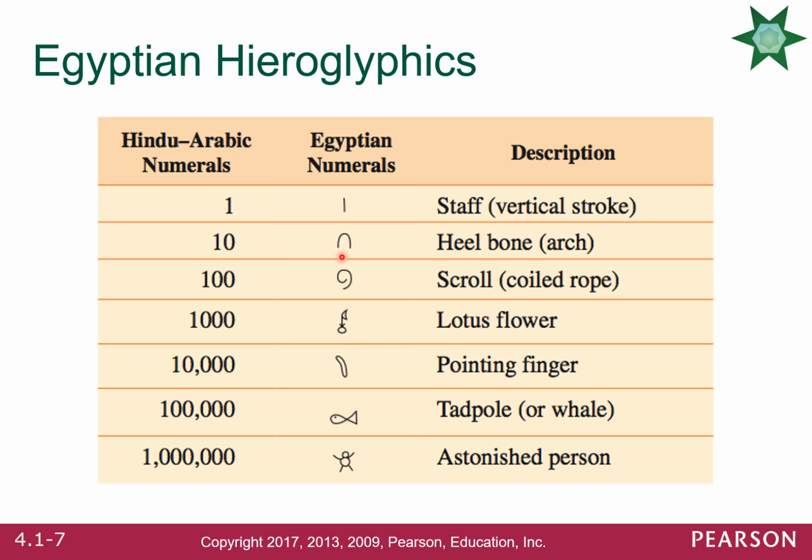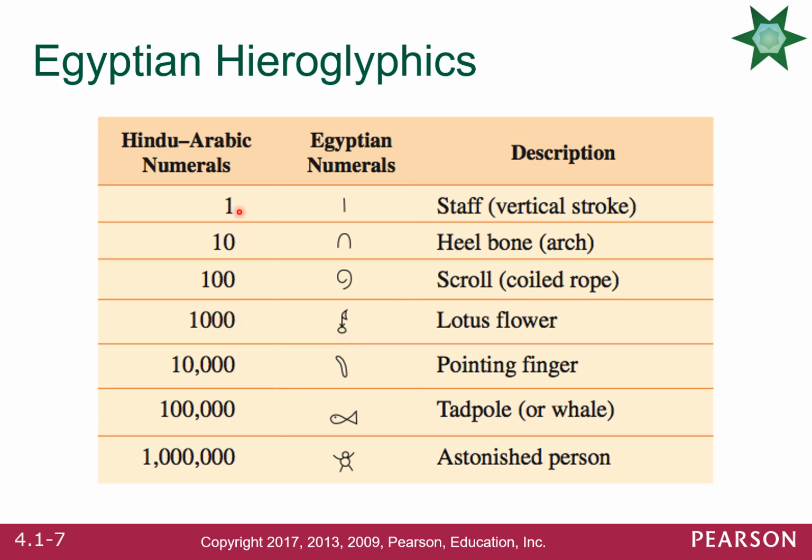Then this figure here, which looks like a curly 9, or so to speak, a curved 9, represents 100. Then we have this figure, it's called the lotus flower, but to me it doesn't quite look like a flower. It looks like some gift bag perhaps, but anyway, it represents the number 1000.